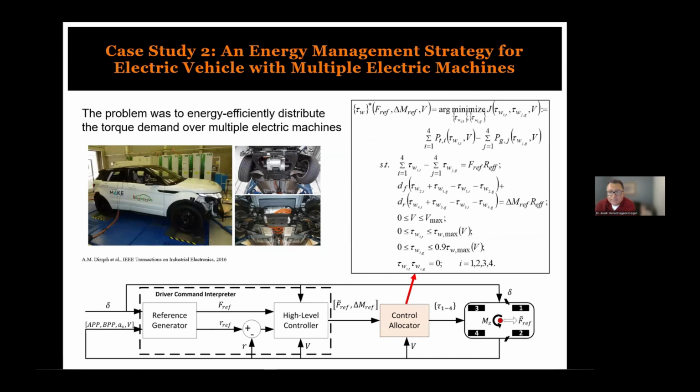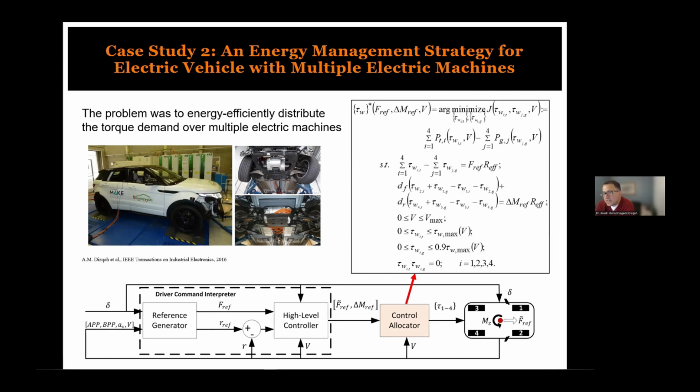Then we focused on another problem, the energy management strategy of electrified vehicles. In this case, it was a fully electric vehicle, but with a multiple drivetrain. This car has 4 electric motors, 1 per wheel.